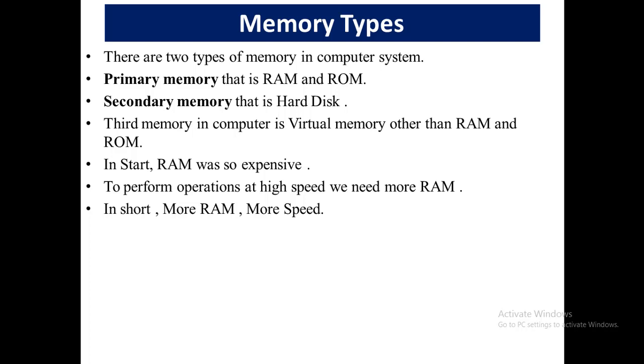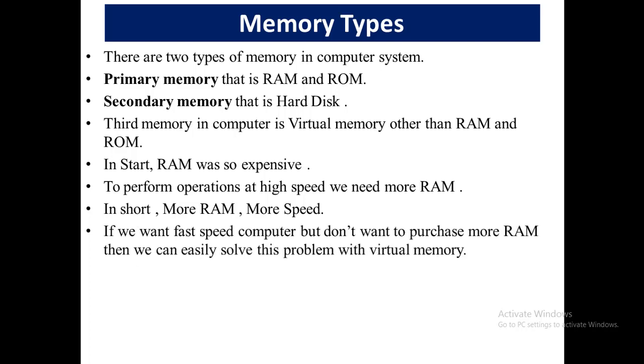So to perform operations at high speed, we need more RAM. In short, more RAM, more speed. But if we want a fast computer but don't want to purchase more RAM, then we can easily solve this problem with virtual memory.